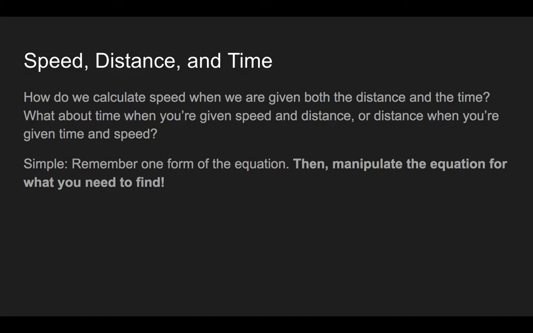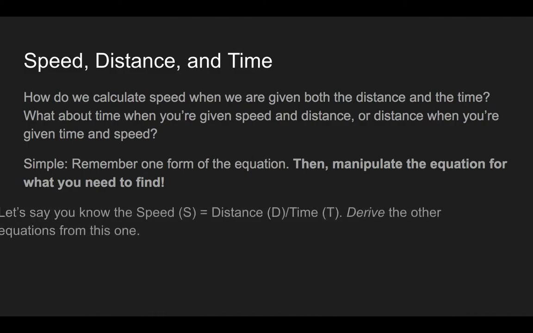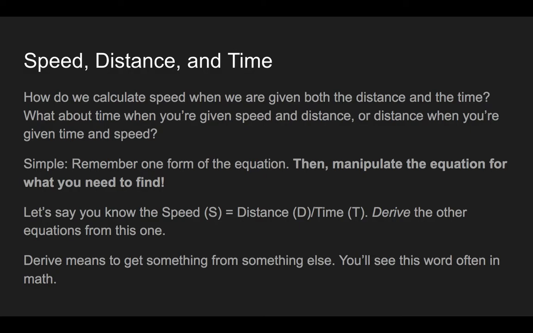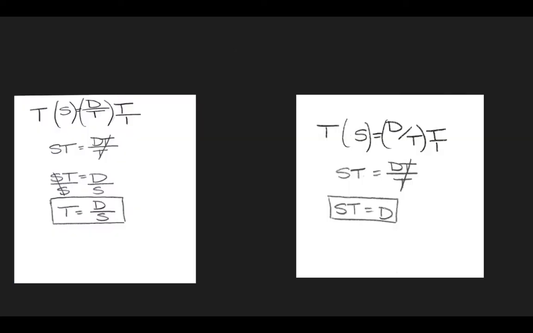Then we need to know how to manipulate that one form for what you need to find. The natural equation for speed, distance, time is: speed is equal to distance divided by time. We have to learn how to derive the other equations from this equation. Derive means to get something from something else. You're going to see this word often in math.